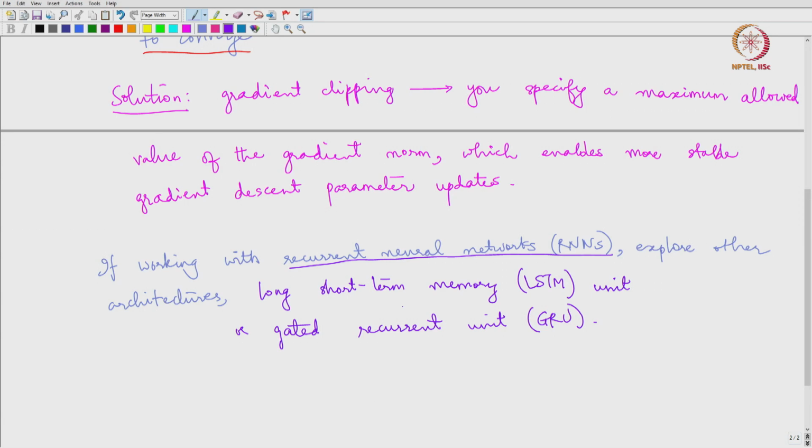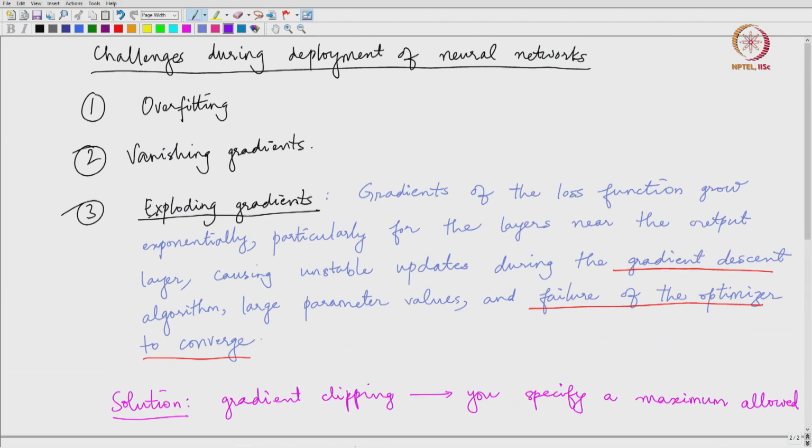So, this sort of ends the section wherein we talked about the practical challenges during the deployment of neural networks, and just as a reminder, in the case of overfitting we discussed various strategies, for example early stopping of the training process, based on the validation loss going up, you stop at that point, or you can have some kind of a regularization of the weights.